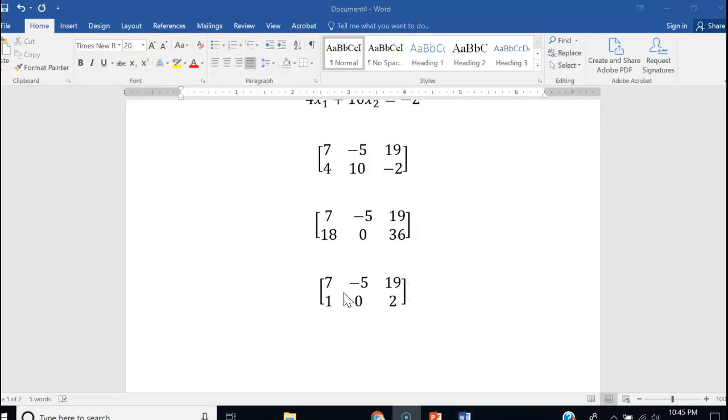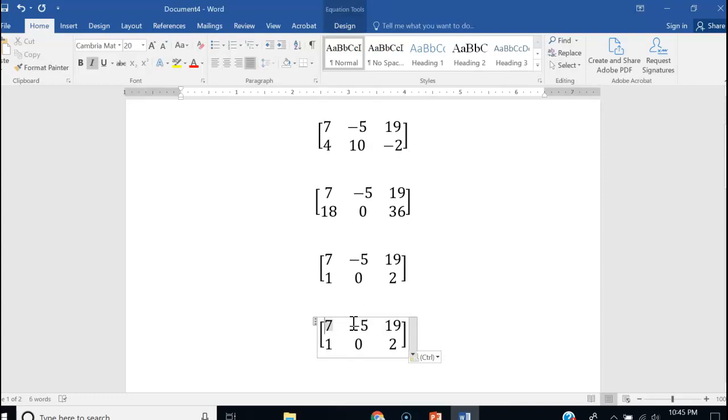So what we get is 0, -5, 5. Now divide that top row by -5.